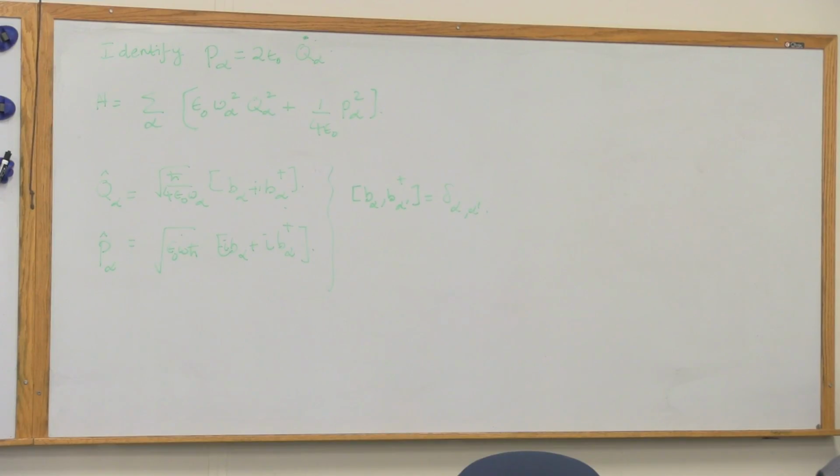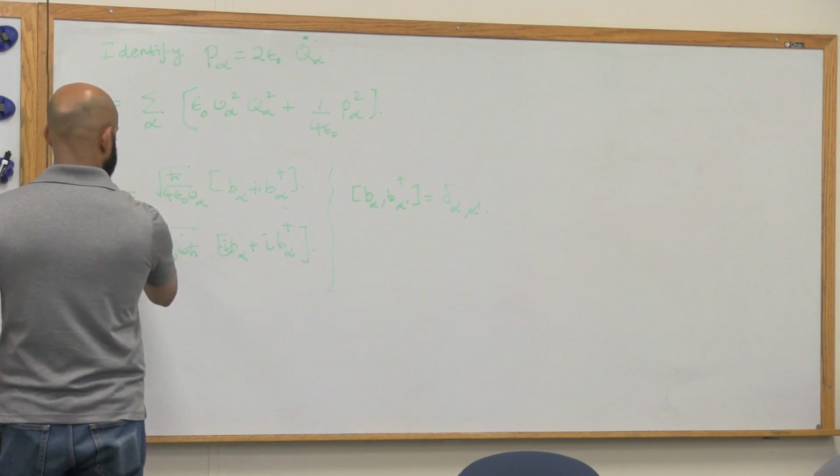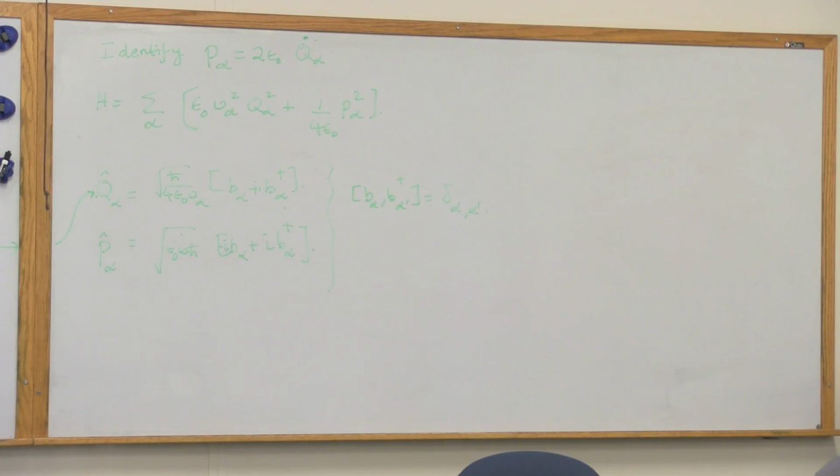to get the relationship between the A_kλ and these new variables B, right? But it's straightforward because we just look at this. This is A_kλ over here, and I set up A_kλ to be related to Q_kλ, and now these Q_kλ over here are related to this new variable B, which are the operators for the harmonic oscillator.